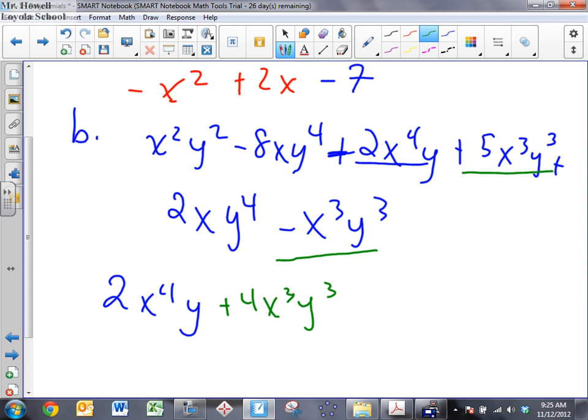Because we're going from decreasing degree of x, we need to look at the degree of x. Isn't that a 4? And what is this? Okay. But if it were decreasing degree overall, this is a degree of 6, isn't it? And this is only a degree of 5. So that would be the reverse if it was overall.